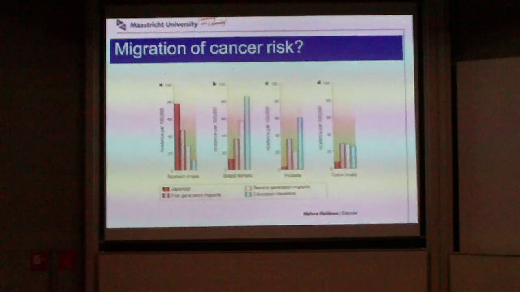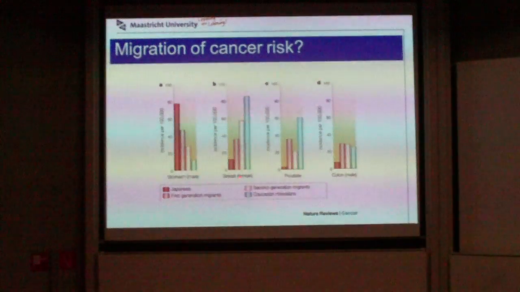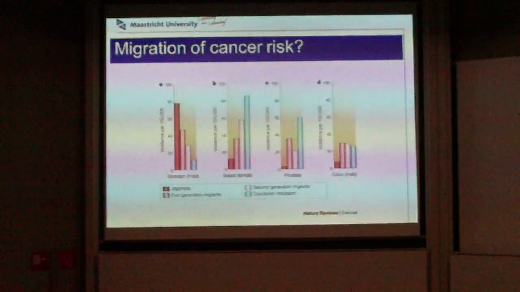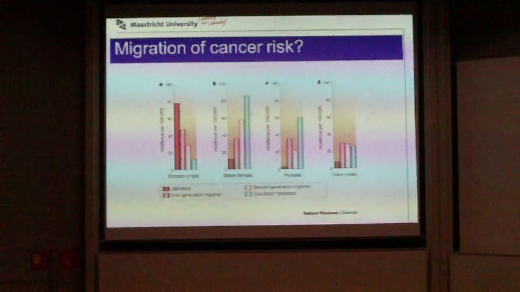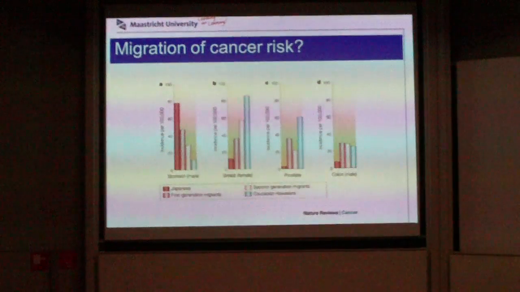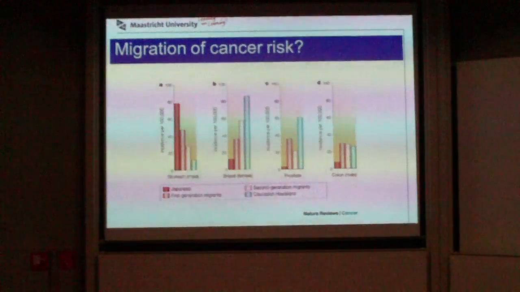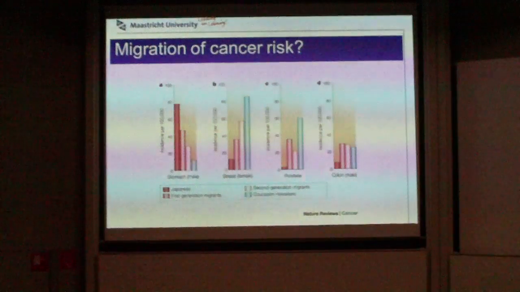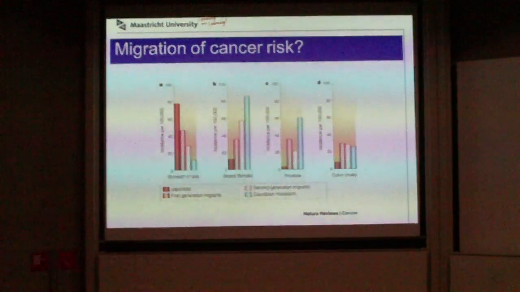The other way around, for breast cancer, which is traditionally very low in Japan, it increases towards what we see in Hawaii. So these people have not changed genetically, so it must be an environmental factor. So this more or less confirms that cancer is an environmental disease.